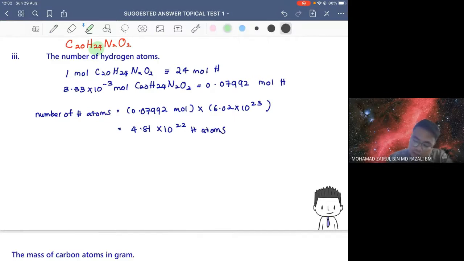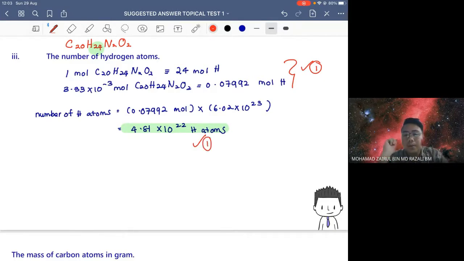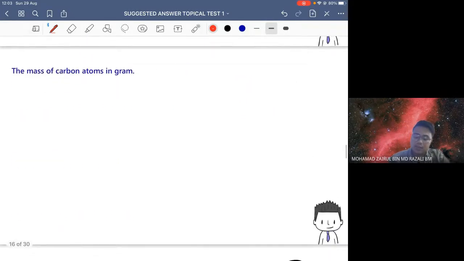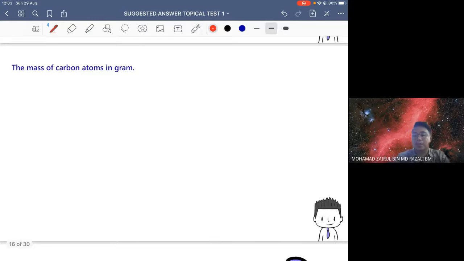So basically, if you write the stoichiometry sentence, or any indication that you are using stoichiometry or the mole concept, you will get one mark. Number of hydrogen atoms with correct unit, you will get another one mark. Okay, so the last one is the mass of carbon atoms in gram. So, okay, we use the mole concept again.